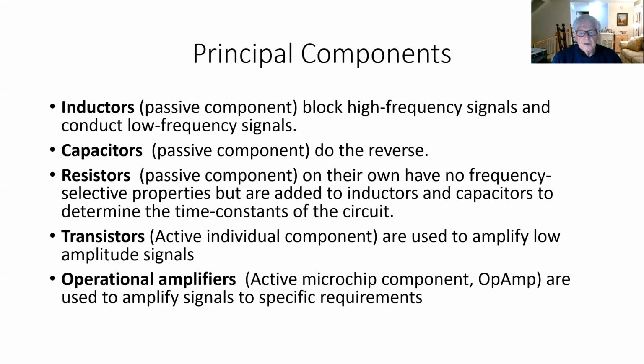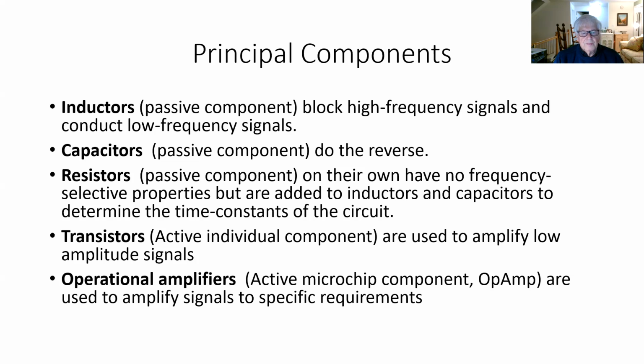Transistors are solid state devices used to amplify low amplitude signals, and there are several types of transistors, but the bipolar junction transistors are of two types. They're NPN or PNP. Okay, basically the difference is that they each take on a different current level.